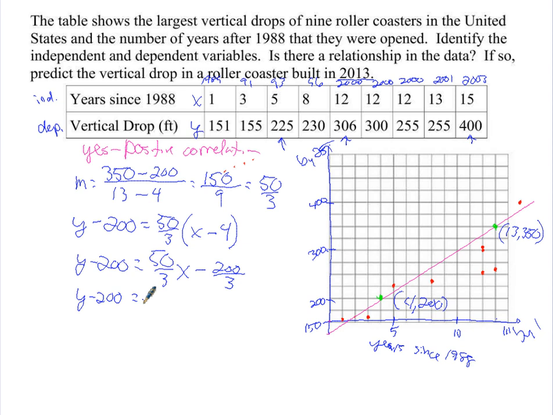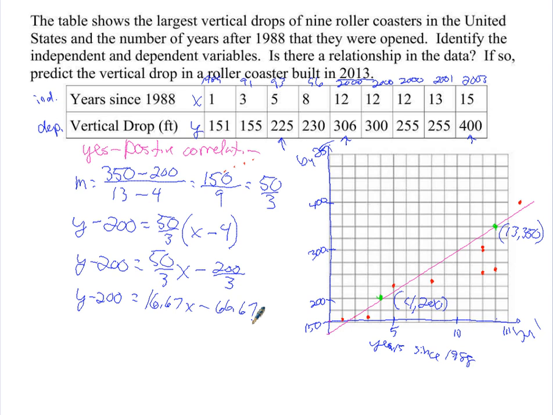What do you get? 16.6 repeating. Okay, so I write 16.67 x minus, what's 200 divided by 3? 66.6 repeating. Okay, 66.67.